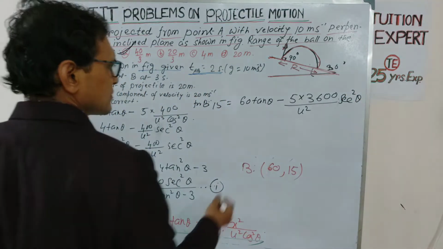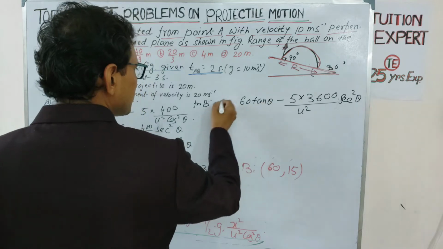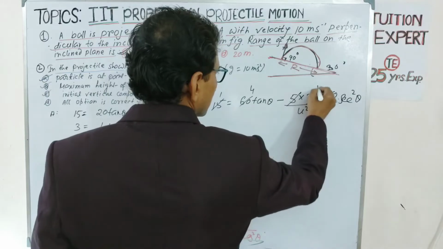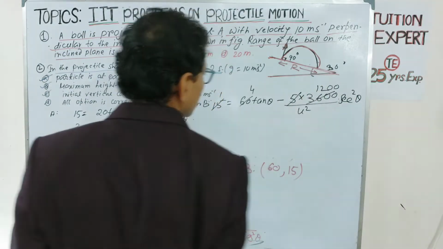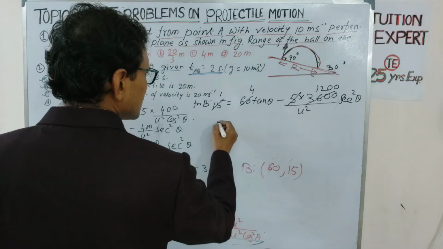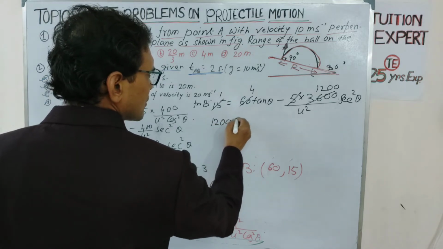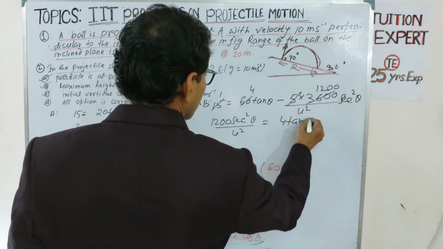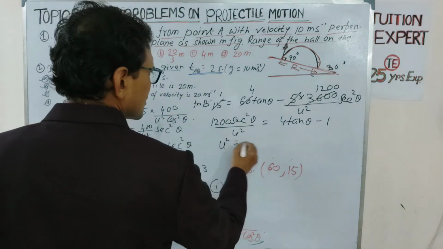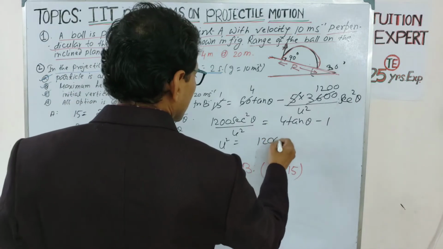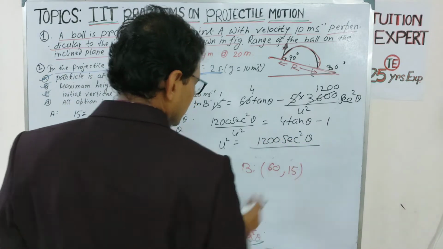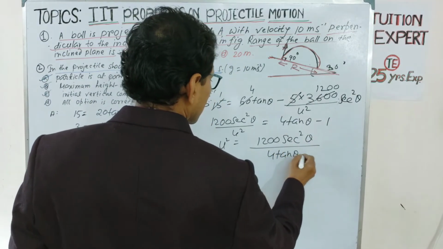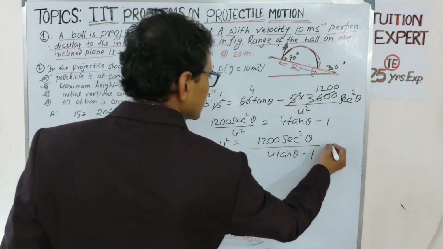So cancelling 15 from both sides, we get u square equal to 1200 sec square theta by 12 tan theta minus 1. Now this is 1, this is 2.